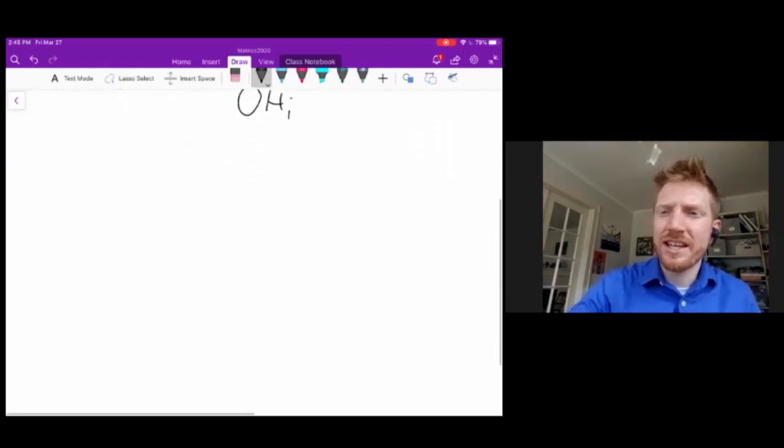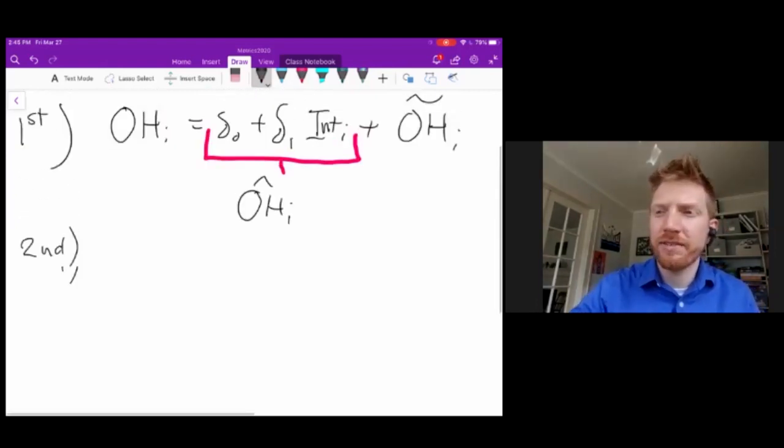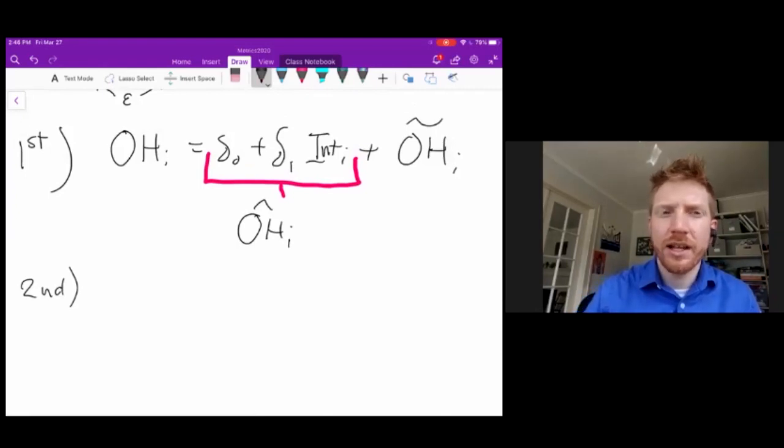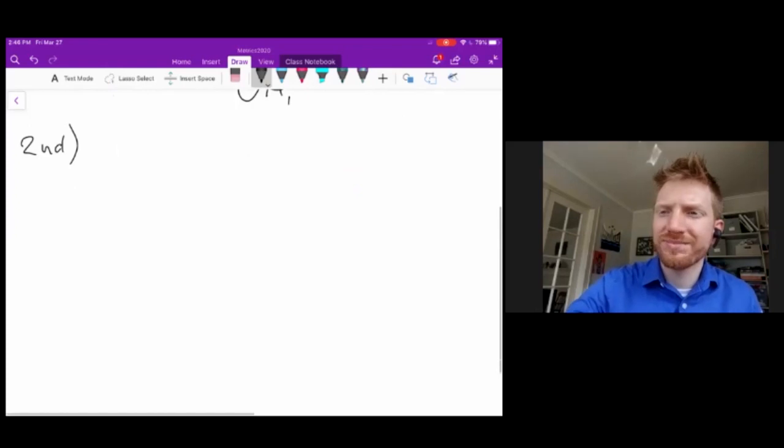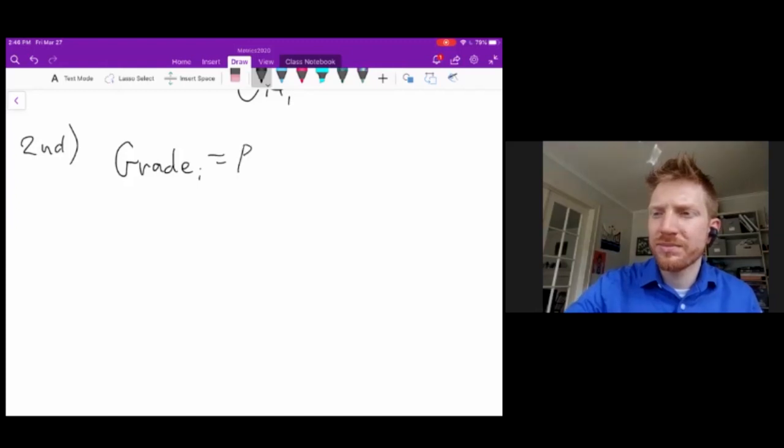Our second stage, what we will do is take that predicted value for office hours and use it in our regression. So grade is our Y variable, and now we're going to use office hours hat as our X variable.